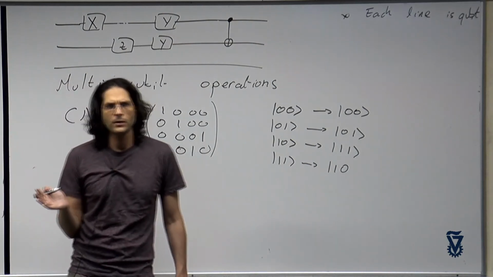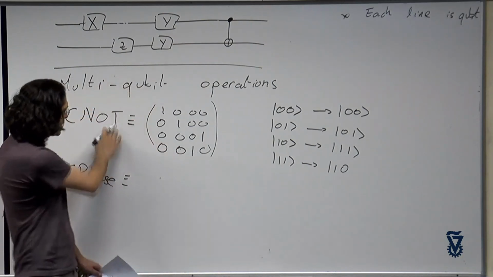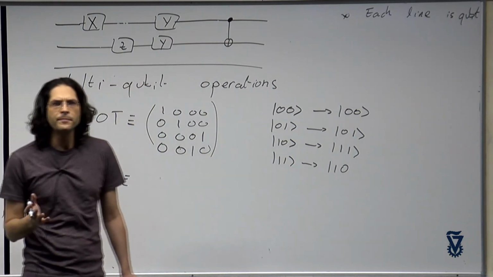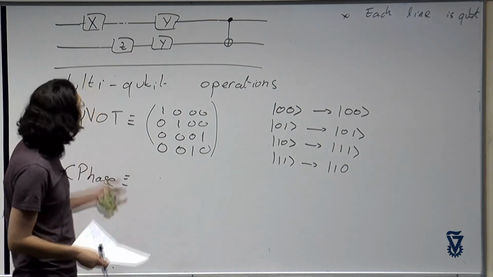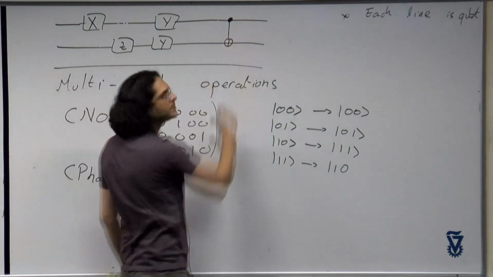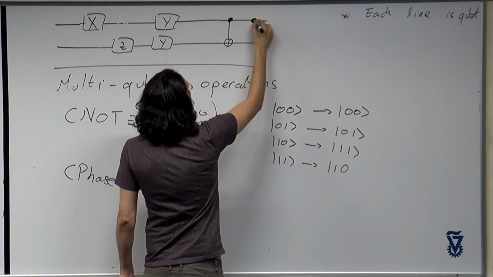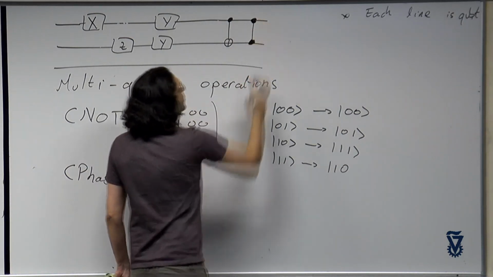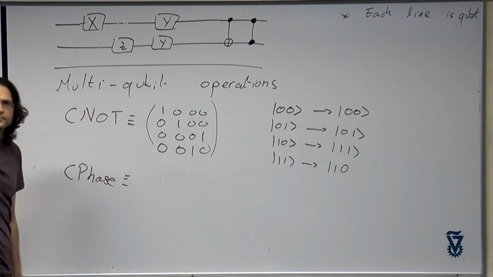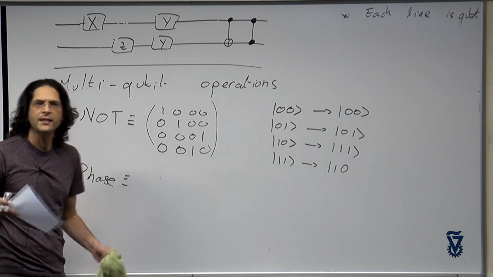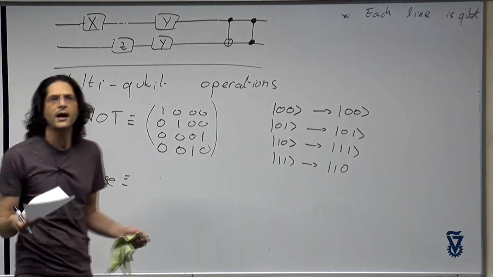But I'm just writing explicitly the two most common ones that you will see. Because when you open an algorithm and read it, a lot of the time you will see this thing, and commonly you will also see this thing, which is the marking for a C phase. Other, more exotic ones will usually be defined in the paper you're reading because they're not as common.